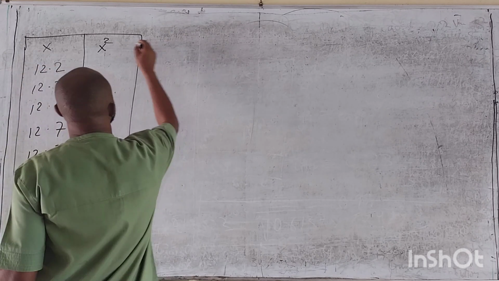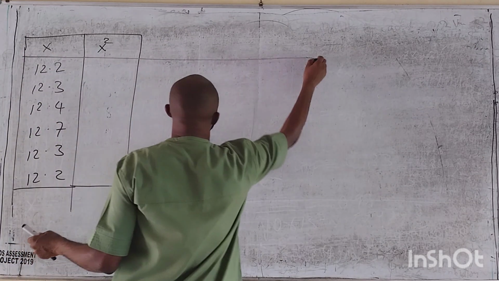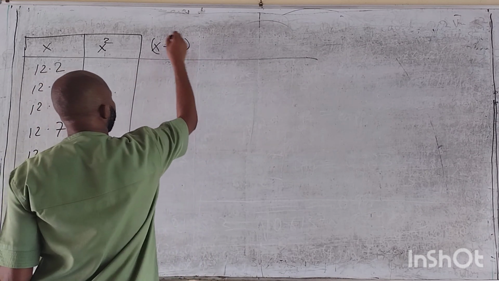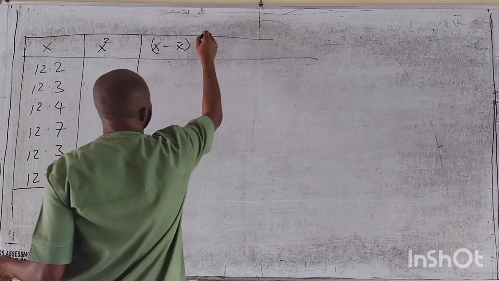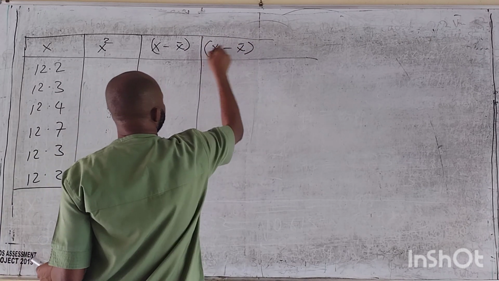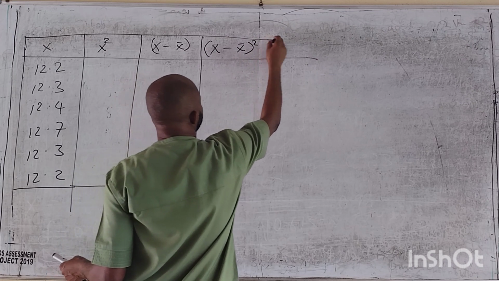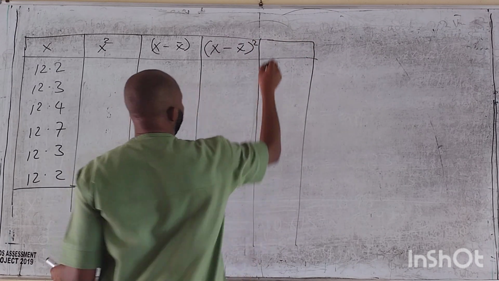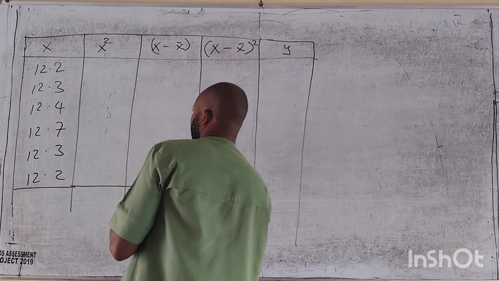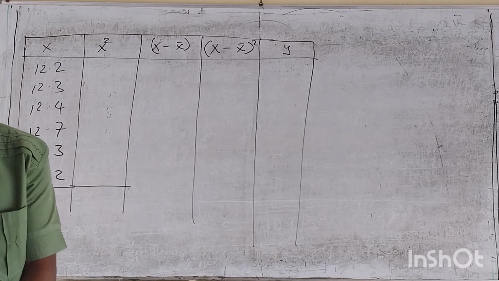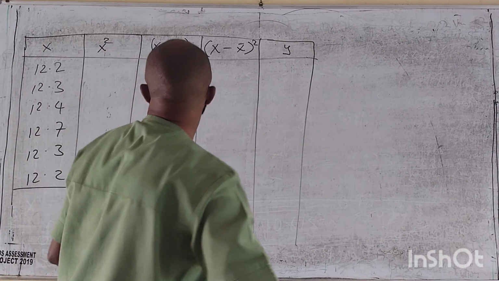I will have my X minus X bar, X minus X bar squared, I have my Y. Okay, let's begin.